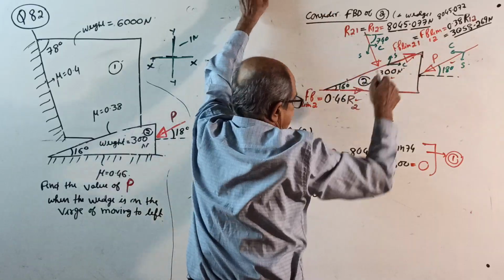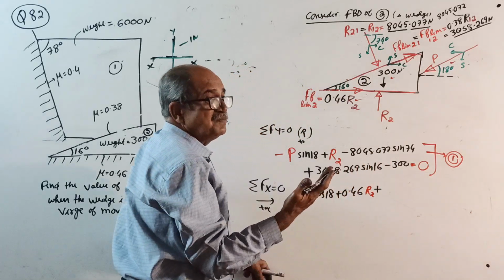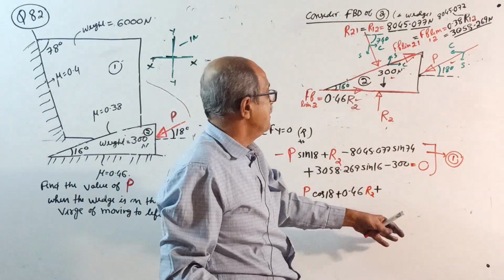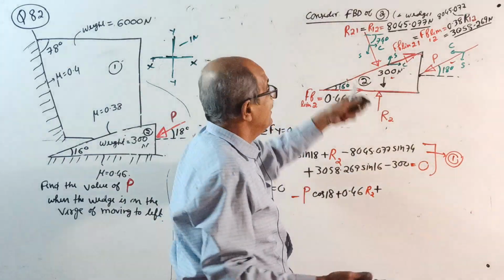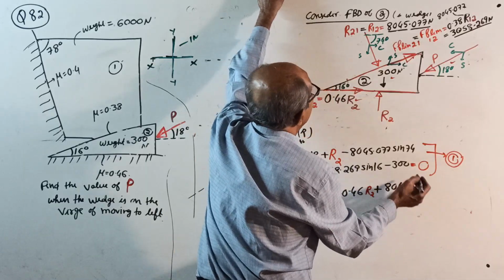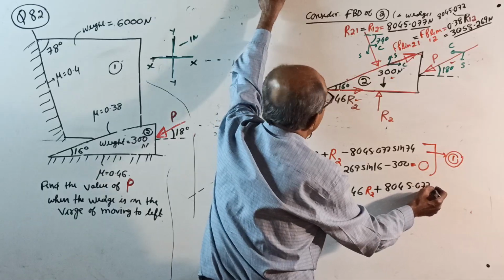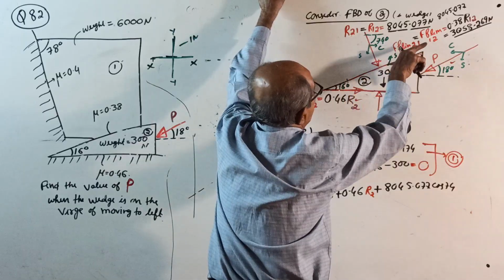Then plus, I am telling slowly for your benefit. I don't require this much effort. I can write it 100 times, not 100 times, 4 or 5 times. Okay. Plus 8045.077 into cos 74. This component is over.